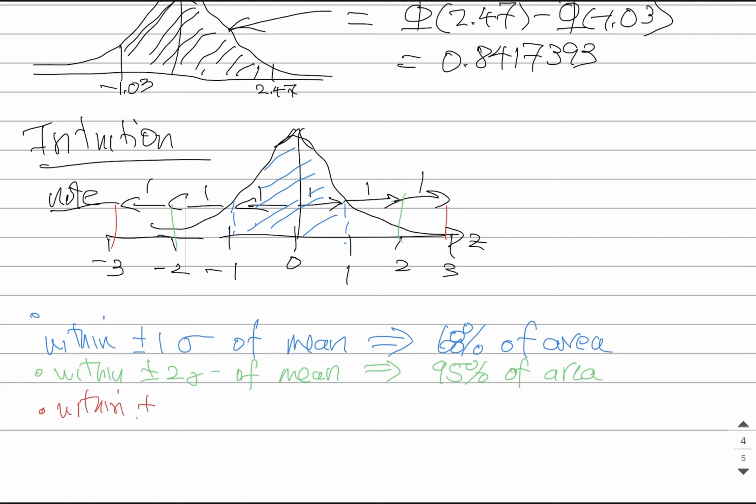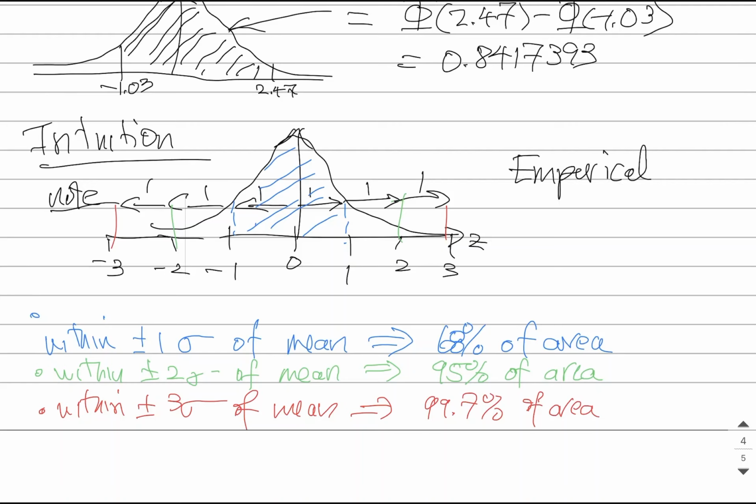So within plus or minus 3 sigma of the mean, you will get 99.7% of the area. So it gives you a sense. Within 1 standard deviation, you get the majority, but within 2 standard deviations, you get almost all of it. And certainly within 3 standard deviations, the vast, vast majority is contained. So this is the empirical rule for the standard normal.